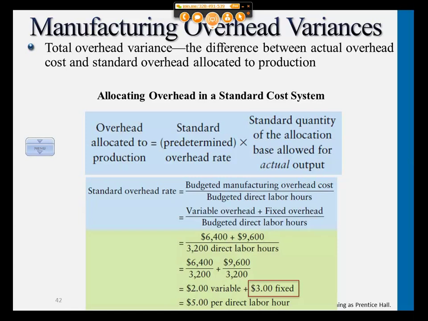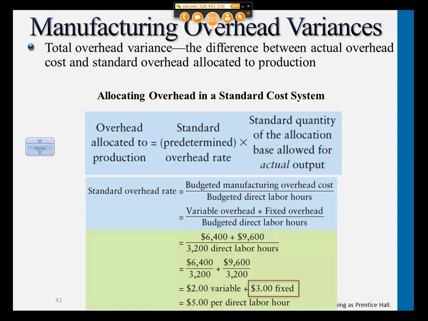So total overhead variance is the difference between your actual overhead cost and the standard allocated to that particular production. The overhead allocated in the standard cost is calculated as the multiplication of the standard or predetermined overhead rate and the standard quantity of the allocation base that was allowed for the actual output. Okay?